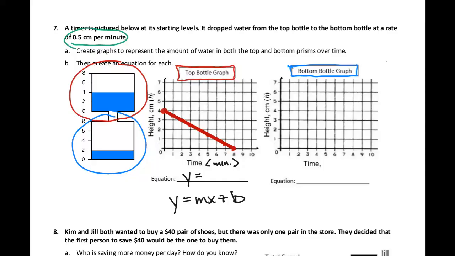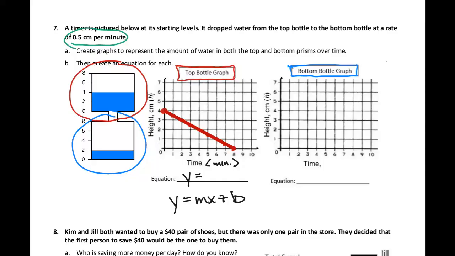Close. So someone said 5x, never should be the x, okay? Just the slope. But 5 is not correct either. But it's close. Somebody want to try again? Actually, yeah, someone said 0.5. 0.5 is close.